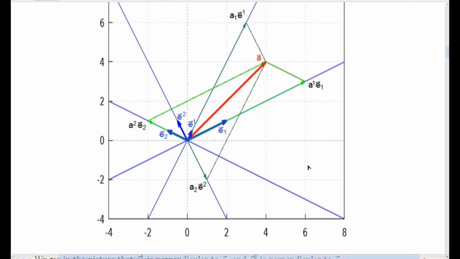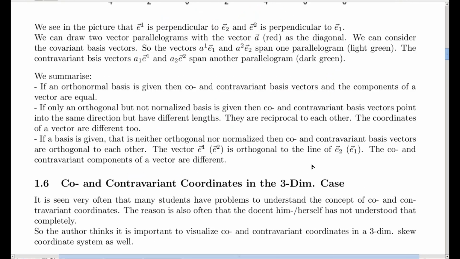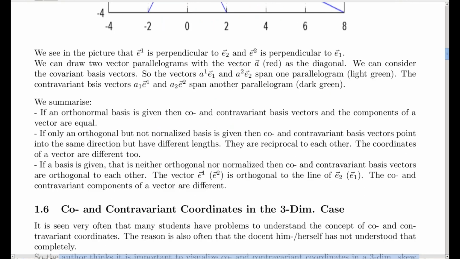We summarize now. If we have an orthonormal basis, then co- and contravariant basis vectors and the components of a vector are identical. If we have only an orthogonal but not normalized basis, then co- and contravariant basis vectors point in the same direction but have different lengths.